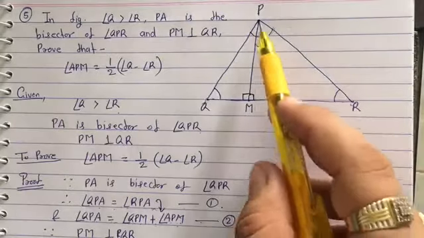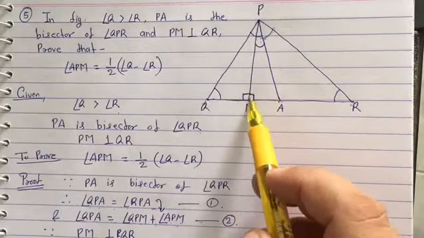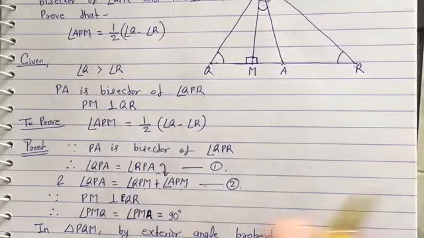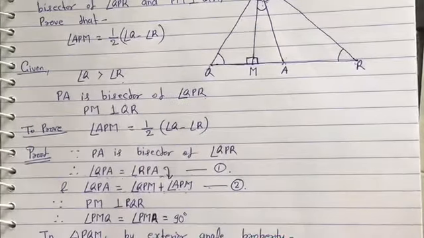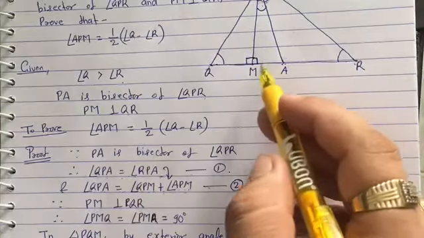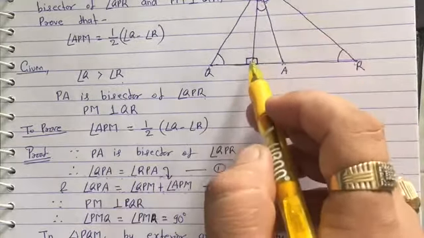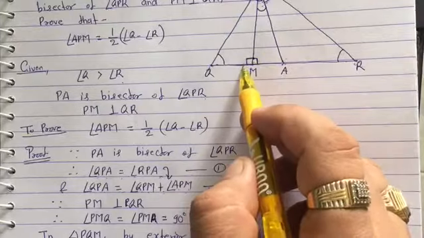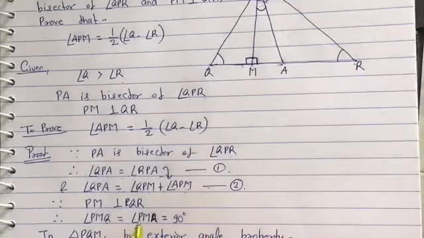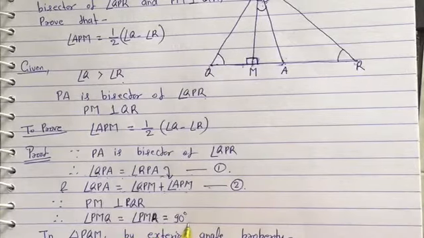Next thing, this PM is perpendicular to QR, and we are going to use this. PM is perpendicular to QR, therefore angle PMQ, this angle, and angle PMA, this angle, are both equal to 90 degrees. Okay.